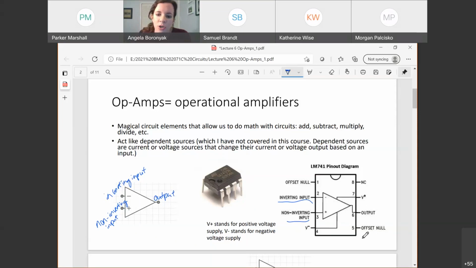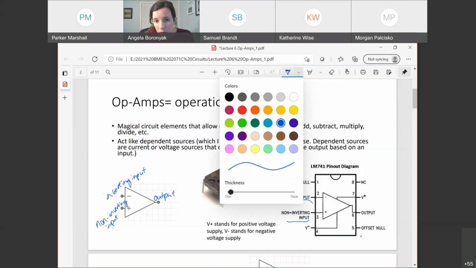So 2 other extra pins to note are one on this schematic that says V minus and V plus. I'm going to use a different color here so I don't confuse them. Let's use red.